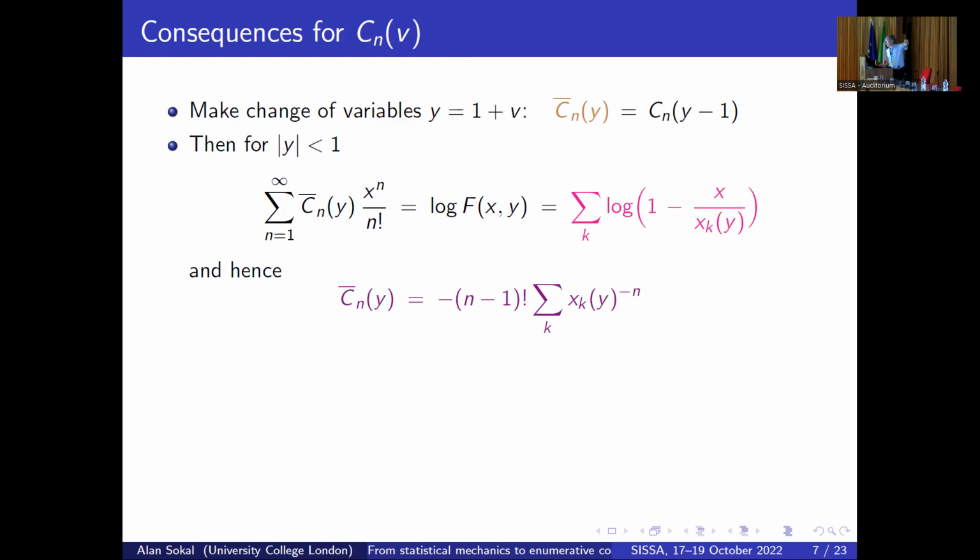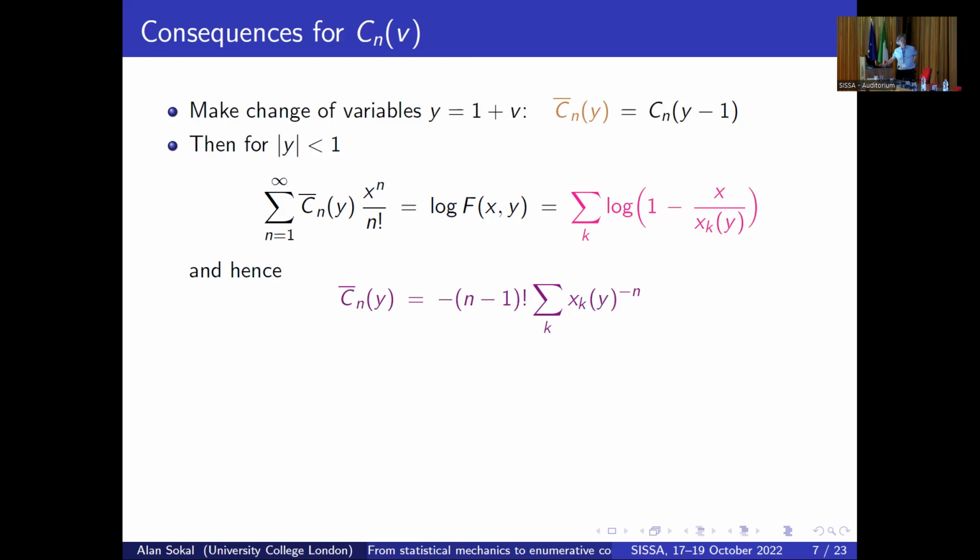I put in the product formula for the deformed exponential function in terms of its roots. So I get a sum over k of log of 1 over 1 minus x over a root. And then you extract the coefficient of x to the n from the right-hand side, and you get an explicit formula for the generating polynomial of connected graphs.